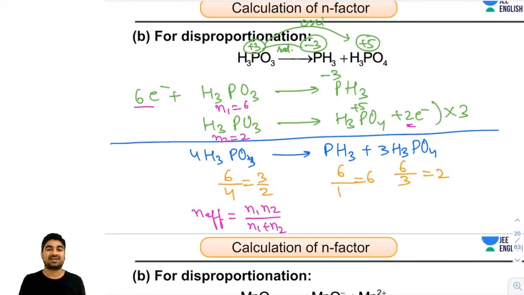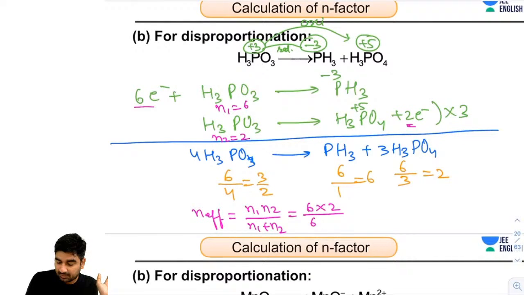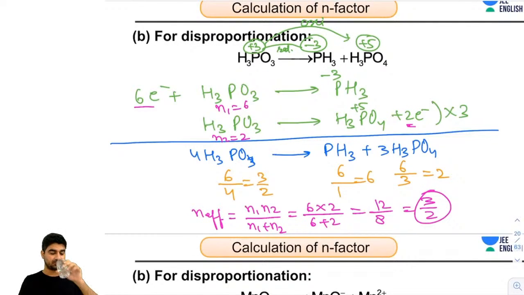This formula is applicable only for disproportionation. Don't apply it anywhere else. So N effective is 6 into 2 over 6 plus 2, 12 by 8, which is 3 by 2.